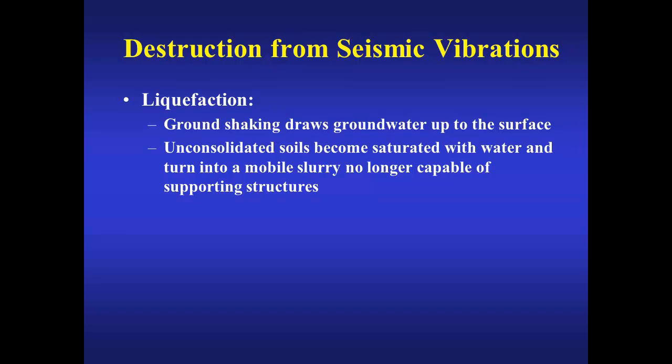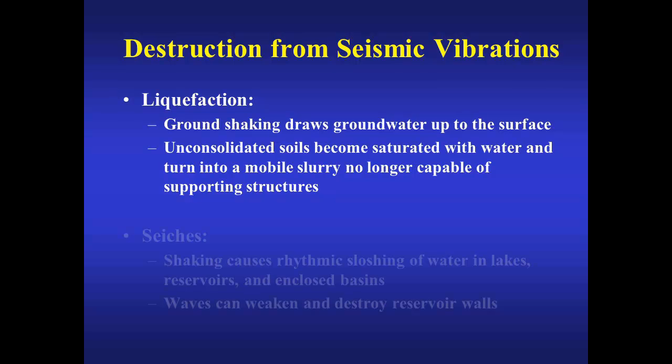Now, other types of destruction from seismic vibrations include liquefaction, and this is when the ground shaking draws groundwater up to the surface, such that unconsolidated soils become saturated with water and, for the most part, turn into a mobile slurry no longer capable of supporting structures.